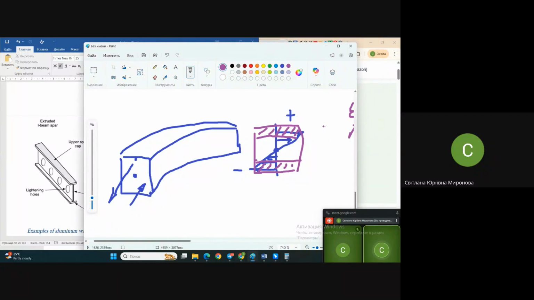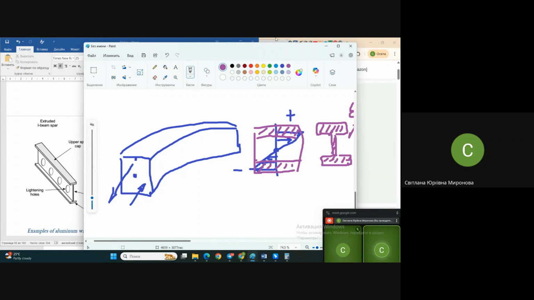Here, the cross-section will be more efficient, I mean efficient in terms of the load to weight ratio. Such a structure will have less weight, this cross-section, than a rectangular structure able to counteract the same loads.